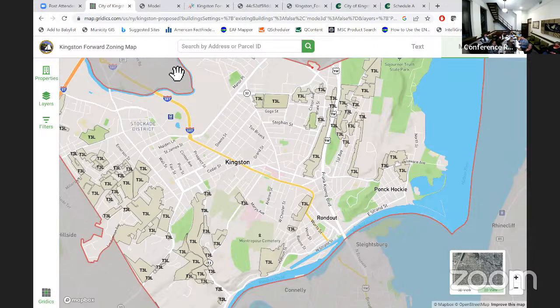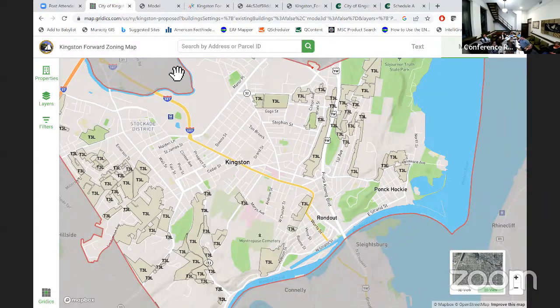These things can change if there are lot line revisions or subdivisions, right? These particular zones? If they change their lot sizes? No, I don't think it would change this. You wouldn't change the zoning district if they did a subdivision. If they're in a T3 large lot, your current zoning code prescribes what the minimum lot sizes would be.